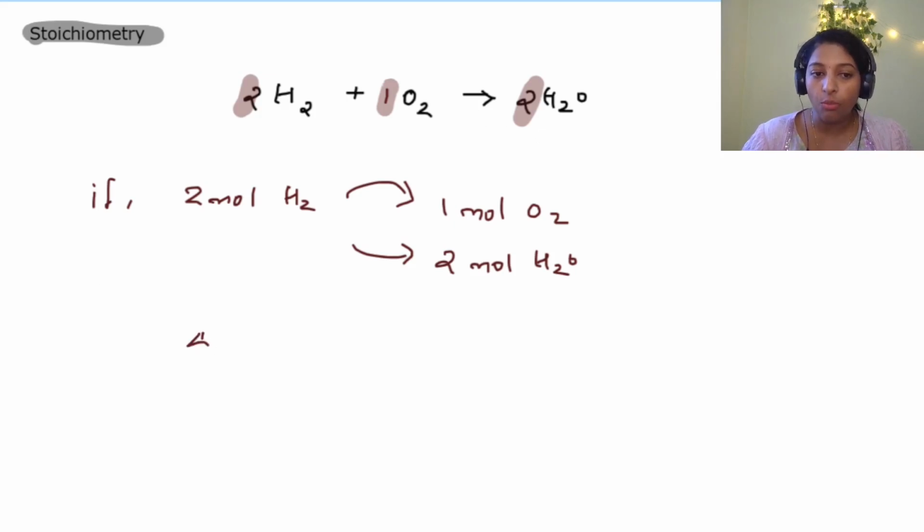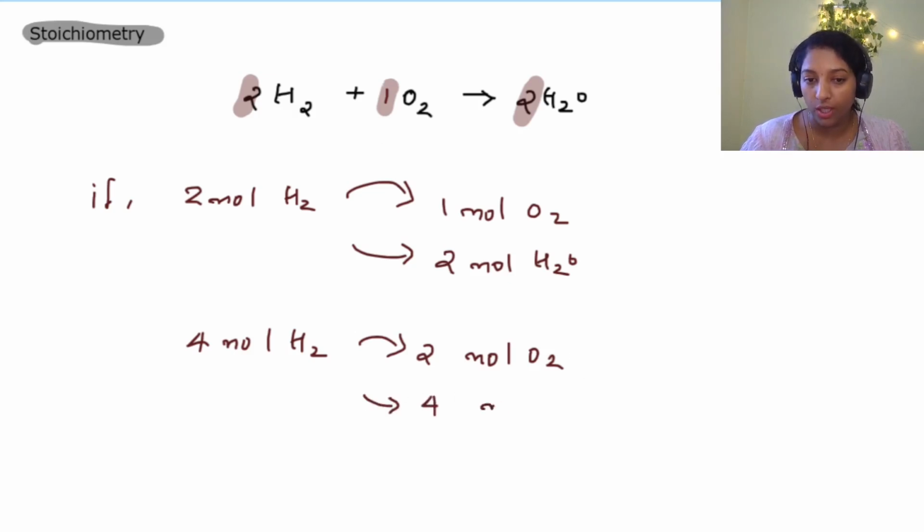Suppose there are 4 moles of hydrogen. What does it mean? 4 moles of hydrogen require, see the ratio 2:1, so 4 moles of hydrogen requires 2 moles of oxygen. Isn't it? That's the ratio 2:1. So it requires 2 moles of oxygen so that they will form 4 moles of water.